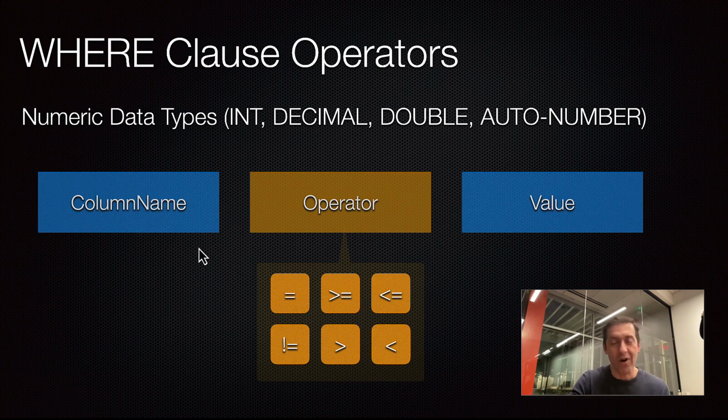When you reference a column and you specify a numeric value with the equal character, it means that all the records will be retrieved where the value in the referenced column equals the value that you specify in the where clause. The exclamation point equal stands for not equal, which is the opposite of the equal operator. And all the other ones are self-explanatory.